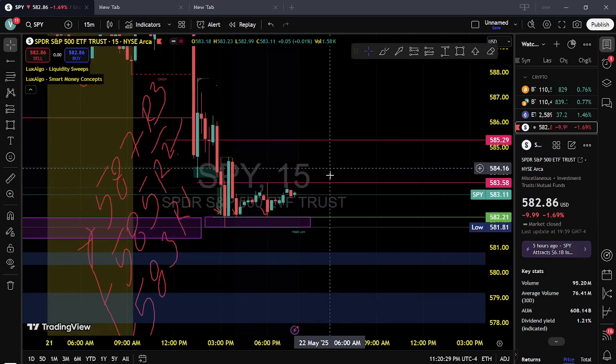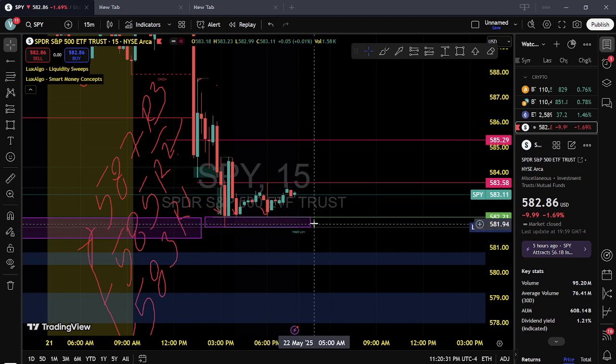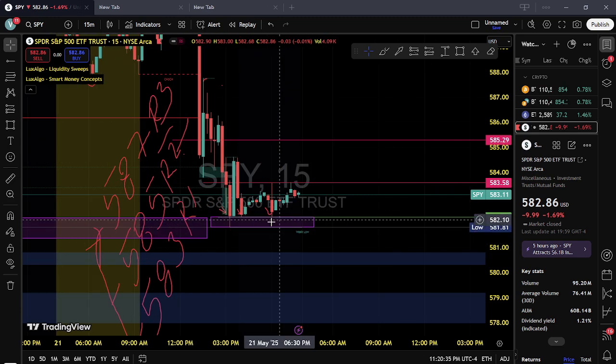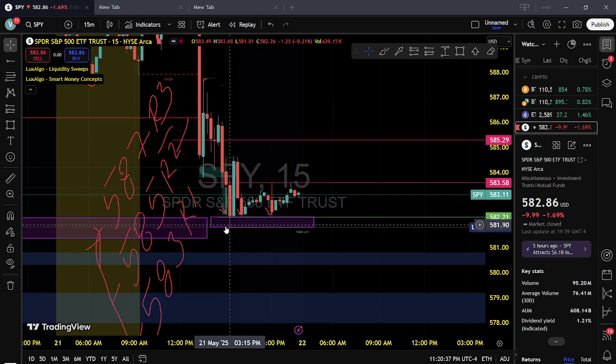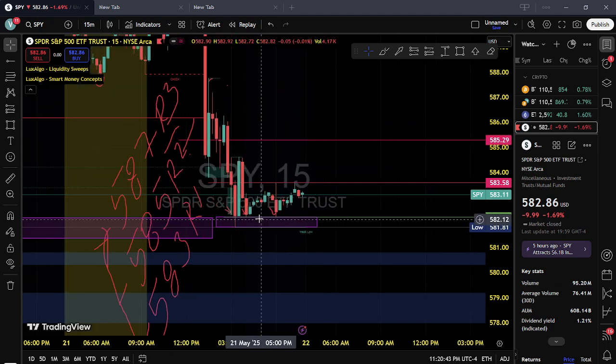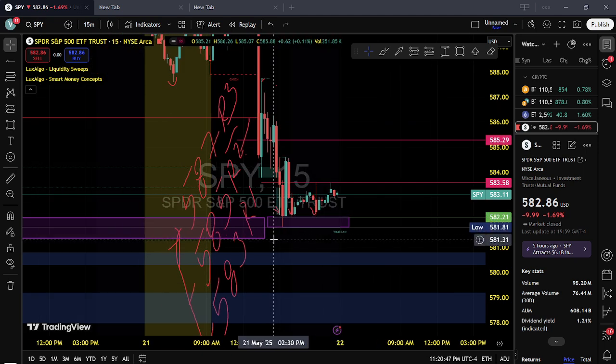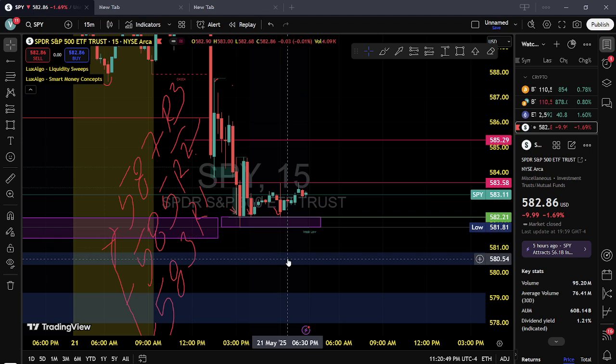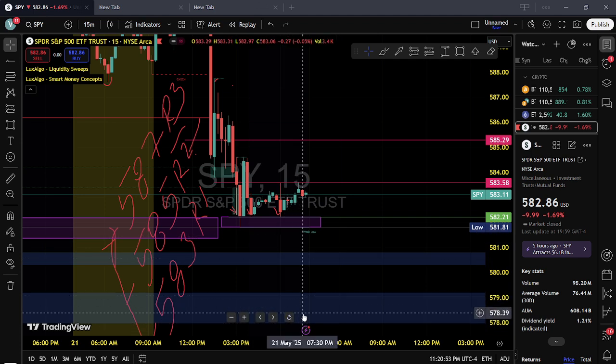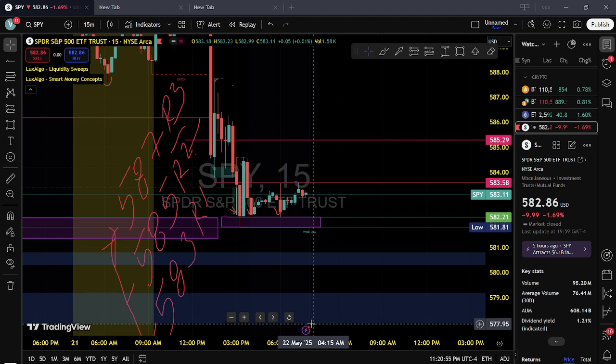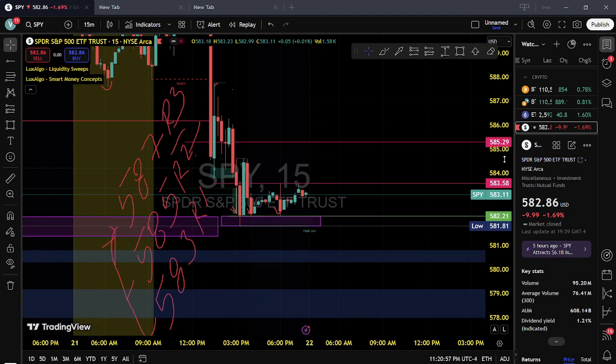So the new support is at 582. The market is trying to break it but couldn't, because it tries to fill the gap, and this gap just got filled here. So this gap is now acting as a support right now, right? And now we have two more supports, which are 580, below that 578, and the last support is 577.